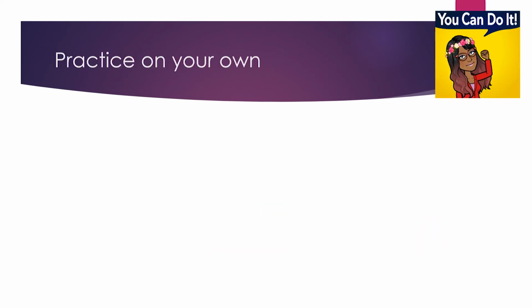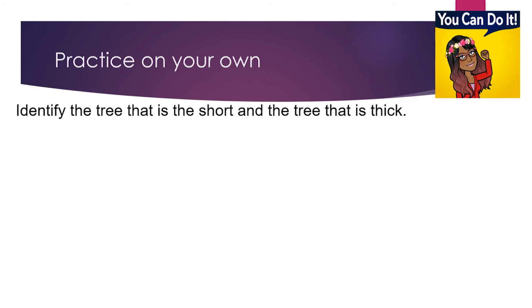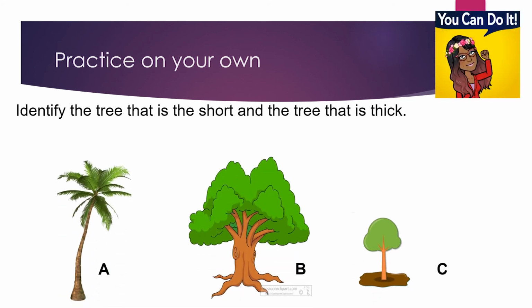Now you do some practice on your own. From these three images, can you identify the tree that is short and the tree that is thick? Let me help you. The third tree is short and the second tree is thick.